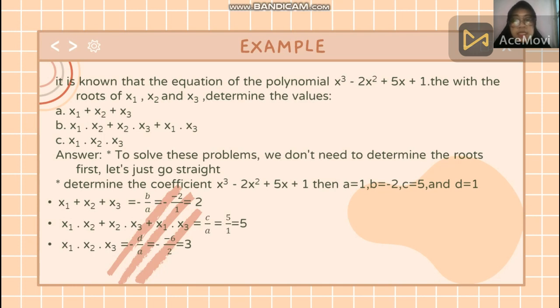Next, x1 times x2 times x3 equals minus d over a equals minus 1.